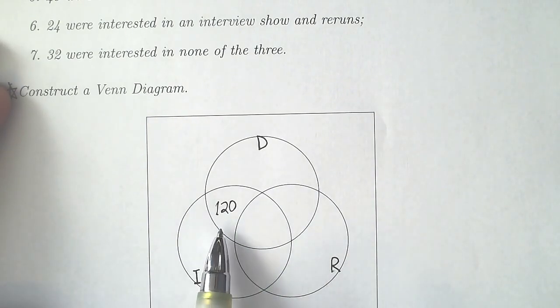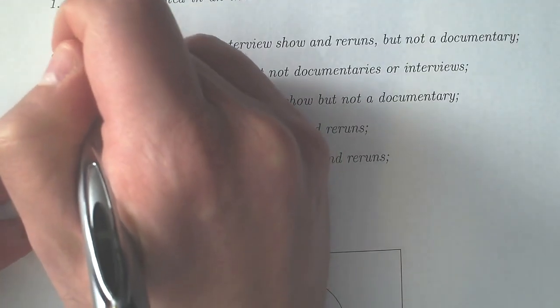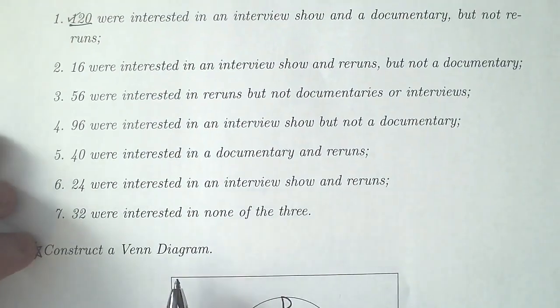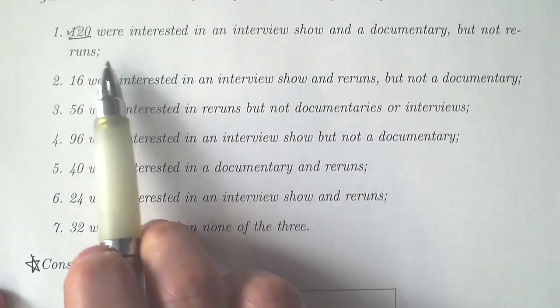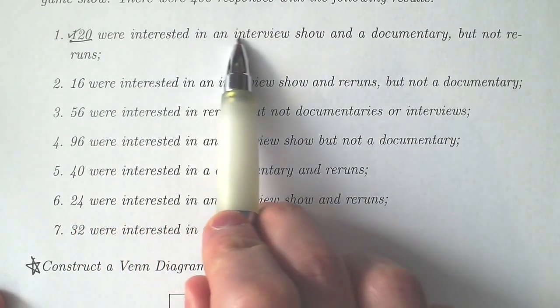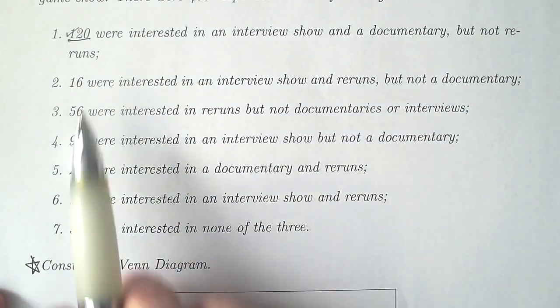Makes sense, right? Those are people who like the interview show, the documentary, but not reruns, so they're not in here. So actually, yeah, we used something right away. We'll see if we can do that or not. And I know that in the previous problems, I said you don't always want to just copy numbers from here onto the diagram. But in this case, it made sense because of this sentence. It was very detailed. It was telling us exactly where it goes.